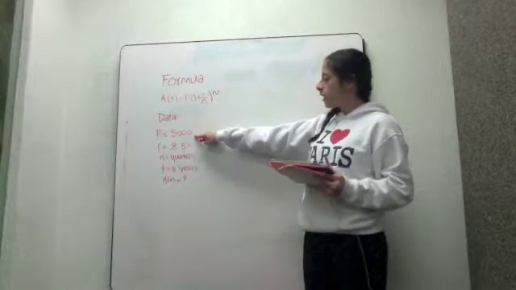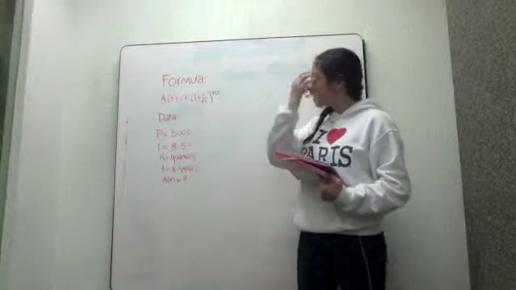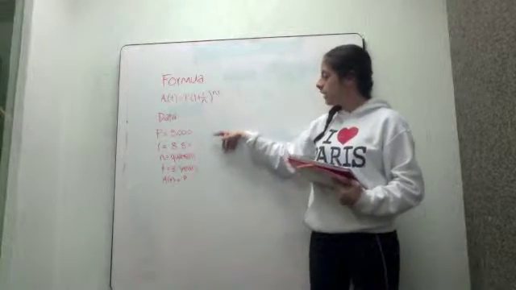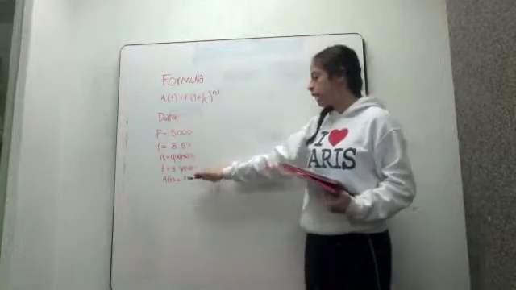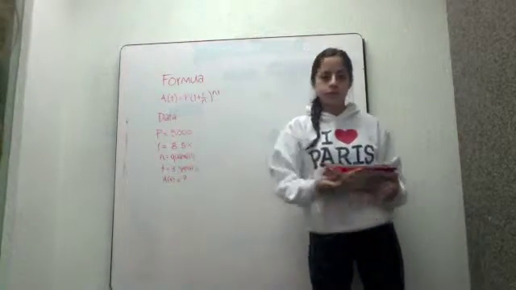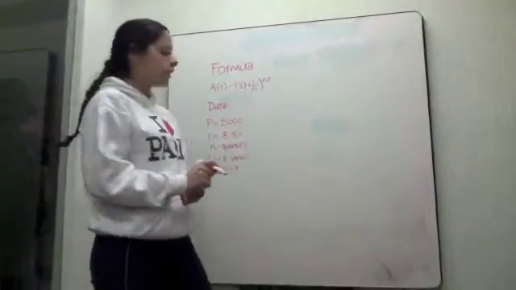Here, P is 5,000, our initial amount of money. r is 8.5%, n is 4 because it is quarterly, and t is 3 years. We need to find A(t). So now, with the data, we can substitute into the formula.